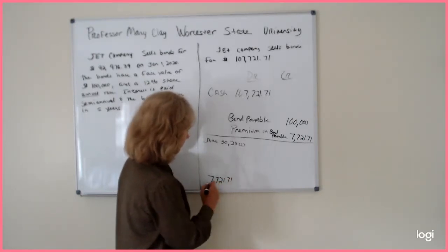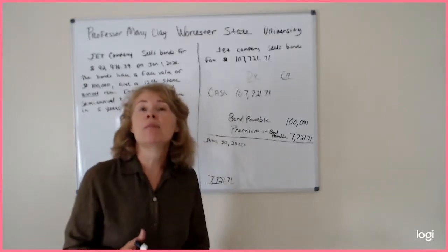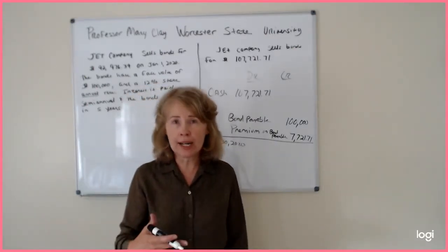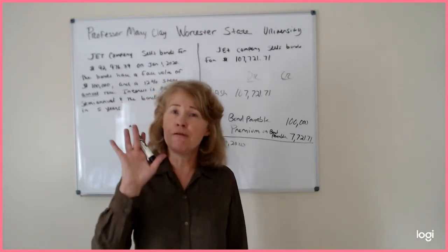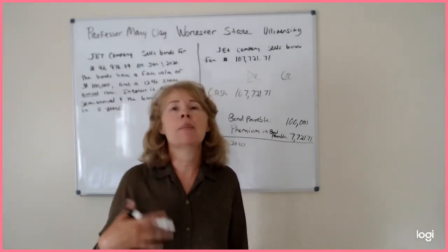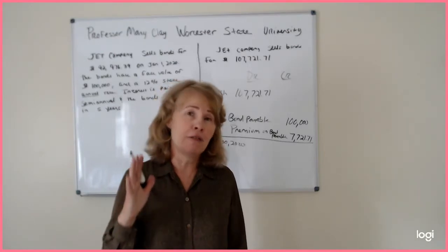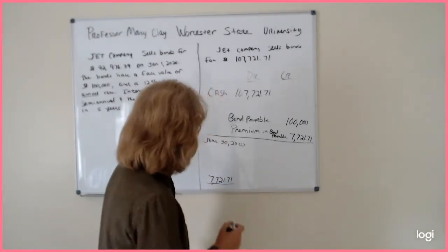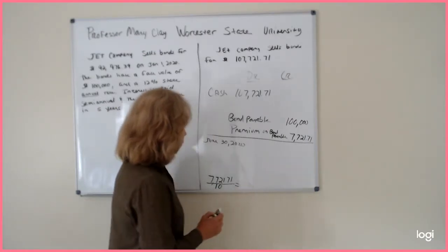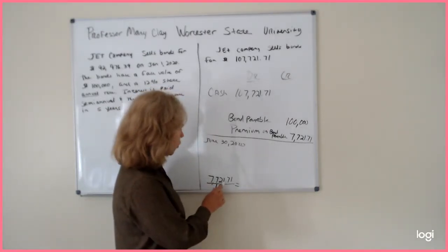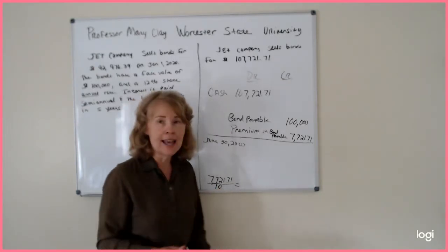7,721.71, and we're going to divide that by the total number of periods that we're going to amortize this bond. Now remember, it's a 5-year bond, but it's semi-annual interest, so we have to take the 5 years and multiply it by 2. So this is going to be divided by 10. So we're going to take 7,721.71 and divide that by 10.